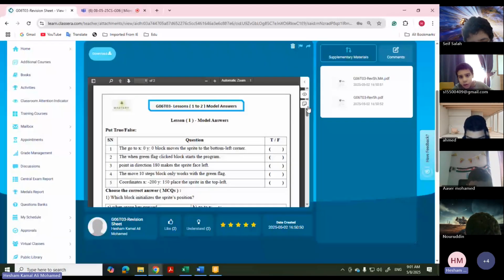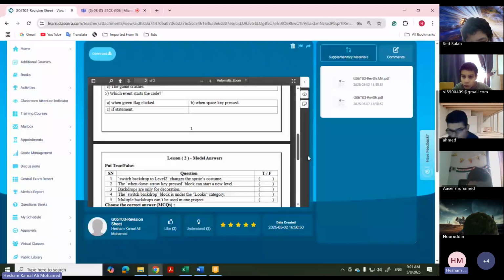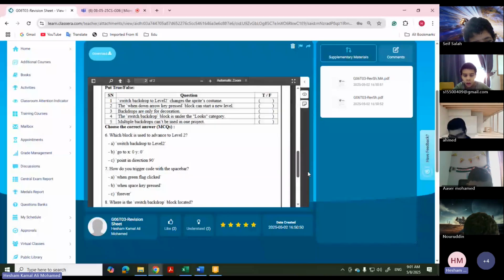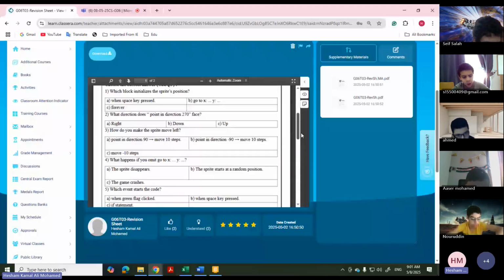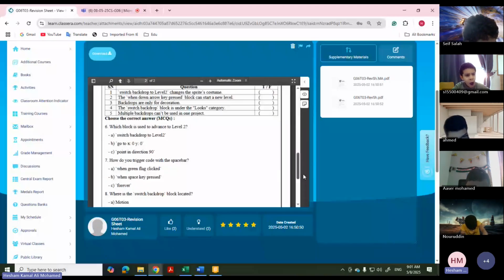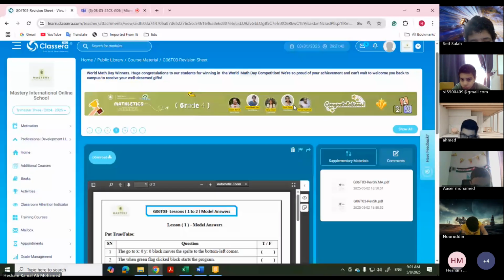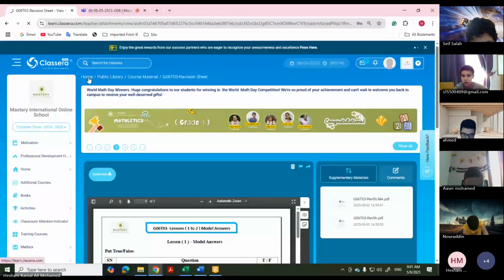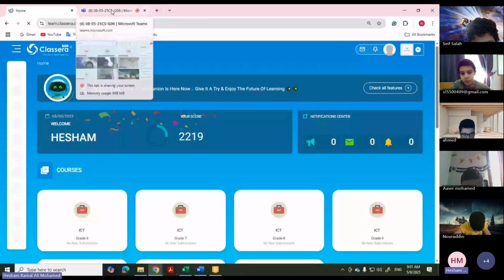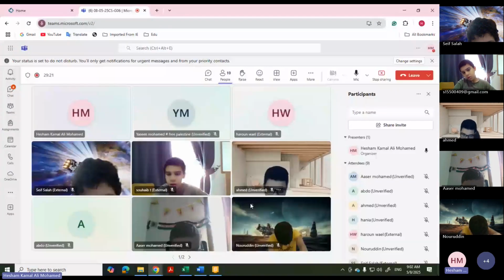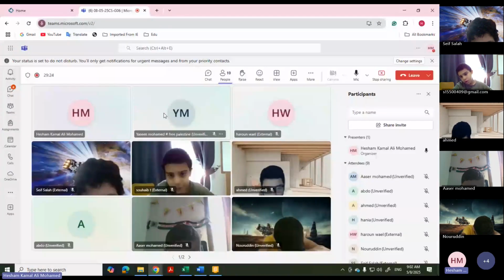Got it? So I uploaded both of them for you. I understand that some of you will need to print it and solve it and check the answers for yourselves. So I made both of them and it's already uploaded for you. Does that answer the question? Clear? Is it clear now? Do you all understand it? Yes.